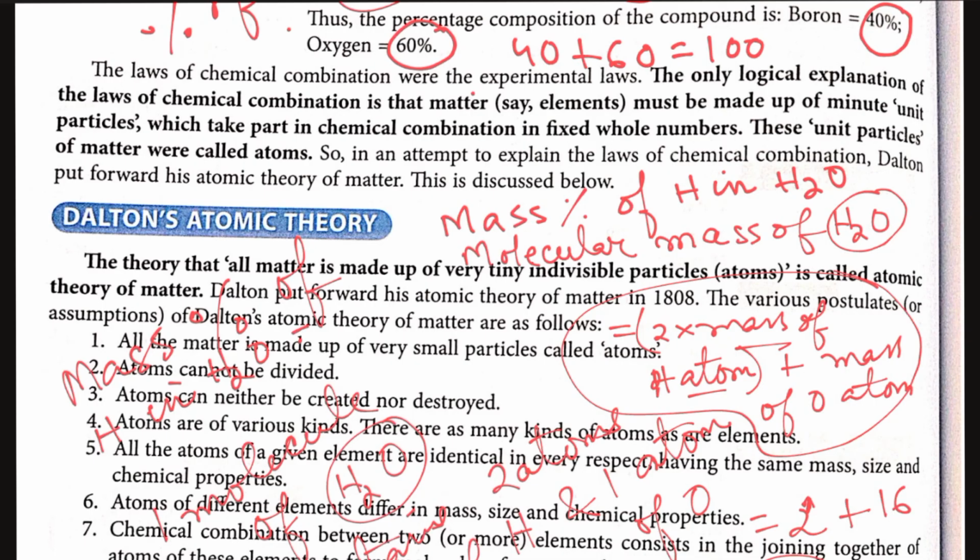So 2 grams divided by the total mass, that is 18, the mass of the compound, into 100. Whatever value you get, about 11.1, will be the mass percent of H in H2O. Now you can find the mass percent of O by subtracting that value from 100. I hope the concept is clear.